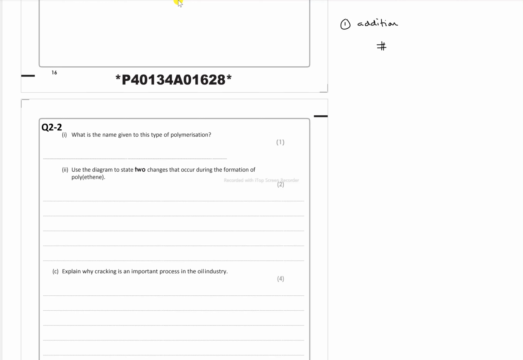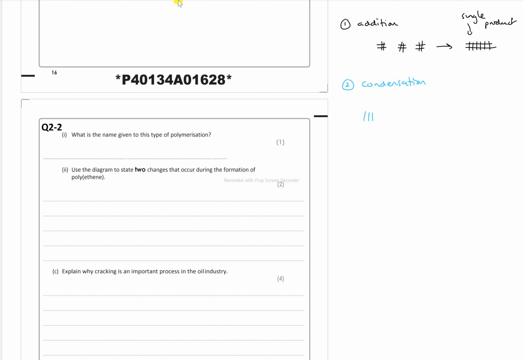This is where you get a few monomers, join them together, and you only get one product, a single product. The other one is called condensation. As the name suggests, it condenses, it makes it smaller.